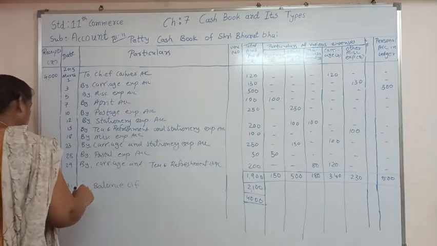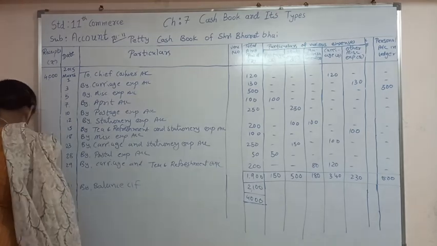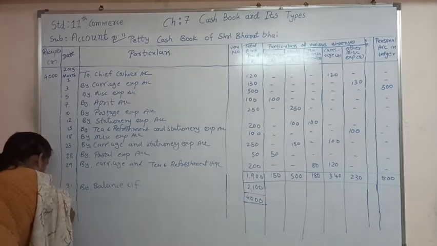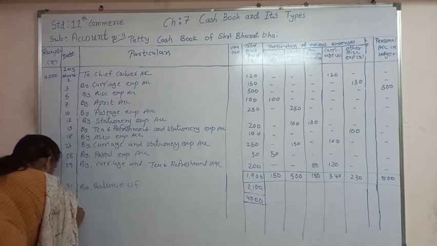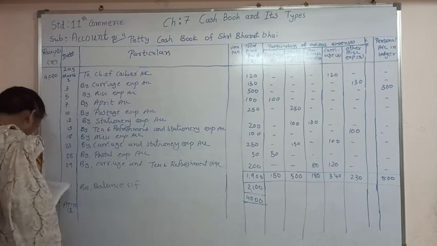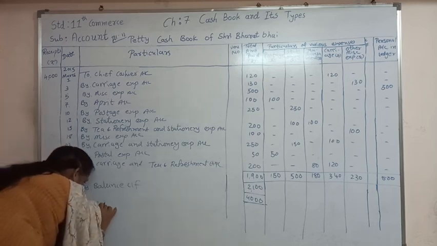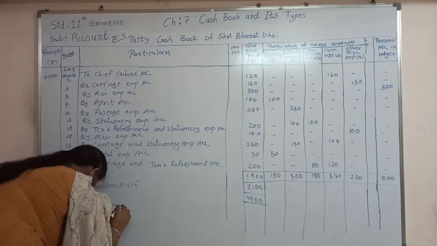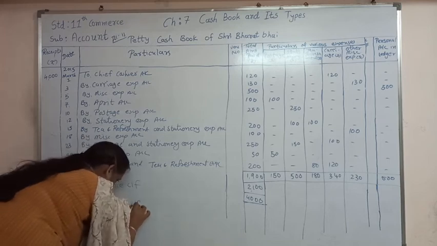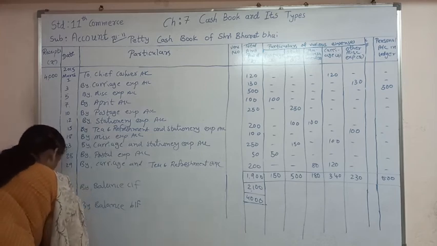So for that we have to write in the petty cash book that on April 1st, 2,100 is our balance, by balance brought forward, and 1,900 that we are going to bring from main cash here.